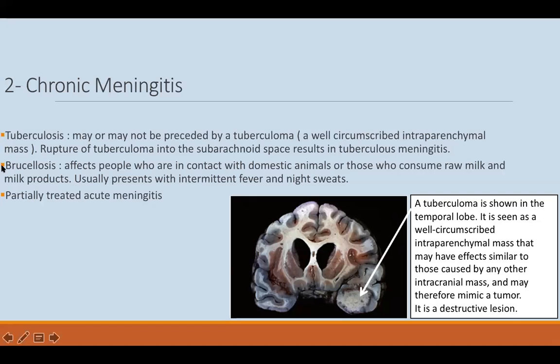Brucellosis is quite common here in Saudi Arabia, so always keep it in mind and always suspect it. An important feature of brucellosis is that it presents with fever that is intermittent in nature, and it also presents with night sweats. Sometimes when acute meningitis is partially treated and wasn't treated very well, it can progress to chronic meningitis.